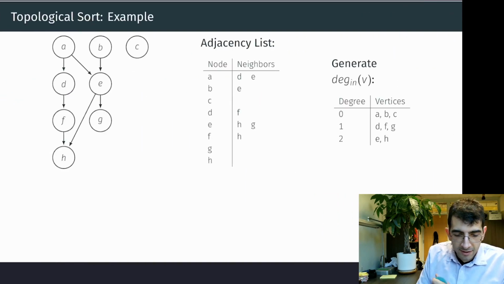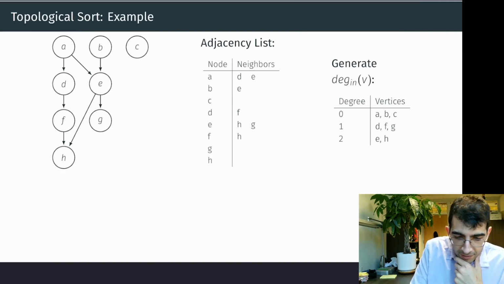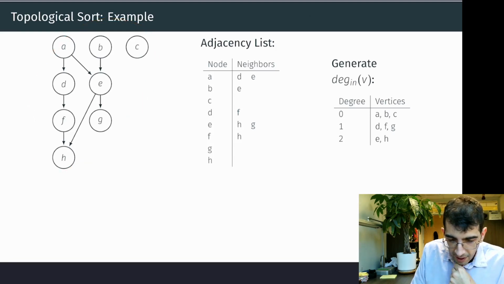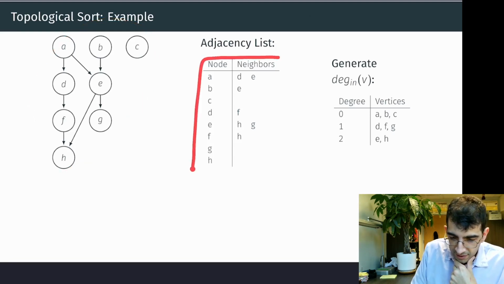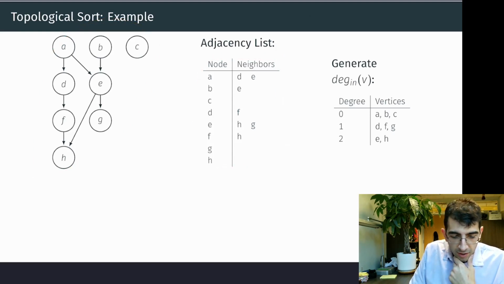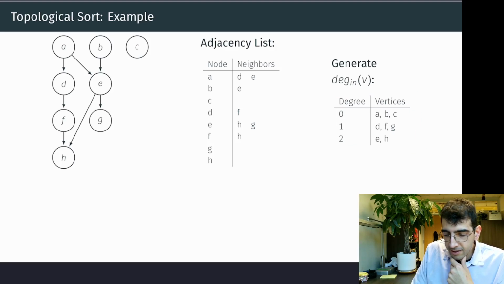And in fact, that's what we do here. So suppose we have this graph here, and we have the adjacency list. The first thing we do is generate the in-degree for each vertex.